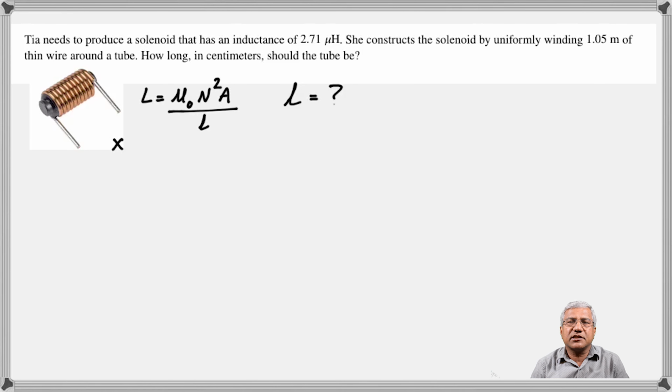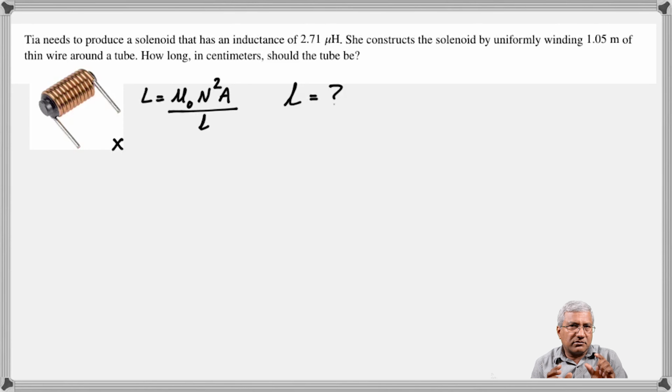Mu naught is the permeability of free space, which is 4 pi times 10 to the negative 7. N is the total number of turns in the solenoid. A is the area of cross-section. Because it's circular, the area of cross-section is pi r squared.